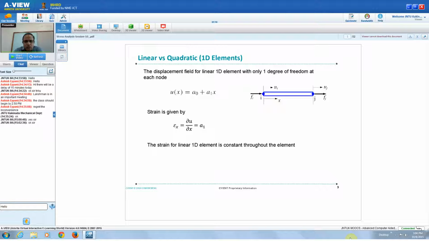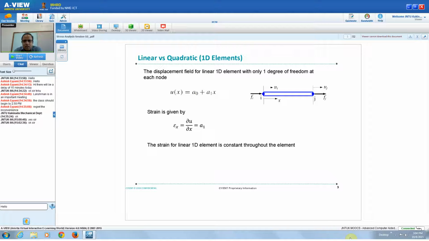When you try to get strain from this displacement function, it can be achieved using the derivative of this function with respect to x, because there is only 1 degree of freedom. So we'll be differentiating only with respect to x, and we'll get the constant a1.